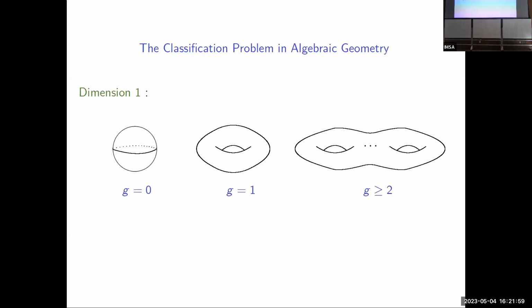In dimension 1, we can easily classify projective curves. As I explained yesterday, first of all we have this discrete invariant, the genus, and that will roughly divide the Riemann surfaces into various classes.